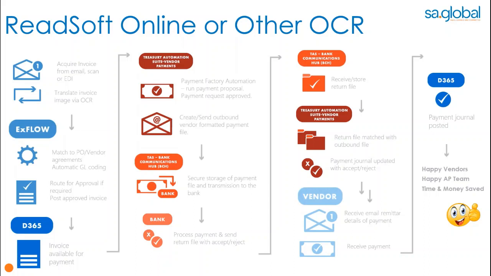Your vendors will receive an email remittance that details the payments and the invoices that were paid, and then the payment journal will be auto-posted. Okay, so that is the full AP automation solution. Okay, so I think we're ready to go to the next slide.